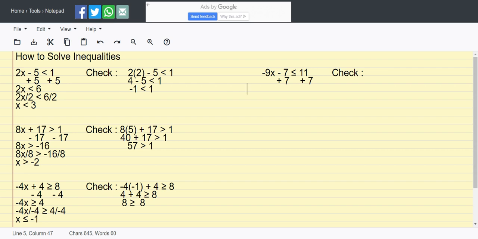Then you will get negative 9x is less than or equal to 18. And then the next step is to divide both sides by negative 9. So negative 9x divided by negative 9 is less than or equal to 18 divided by negative 9.